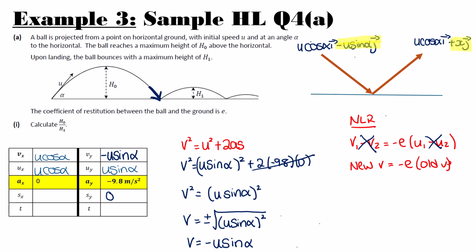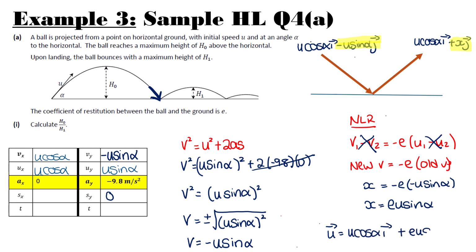And what we mean by that is x, our new velocity, is minus e times minus u sine alpha, and that gives us x is equal to eu sine alpha. So our new initial velocity for the second bounce is going to be u cos alpha i plus eu sine alpha j.